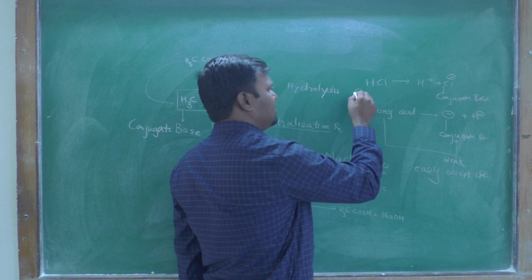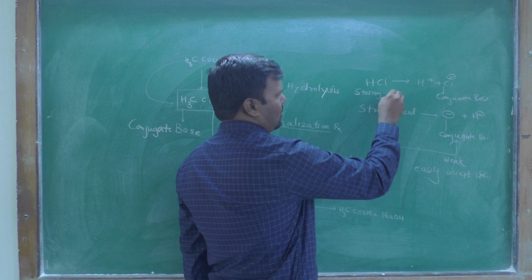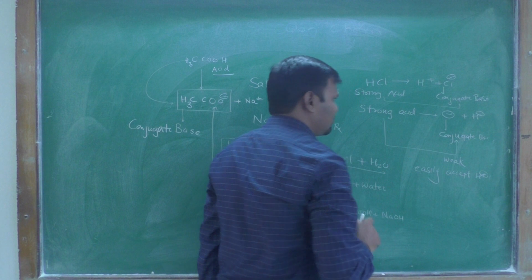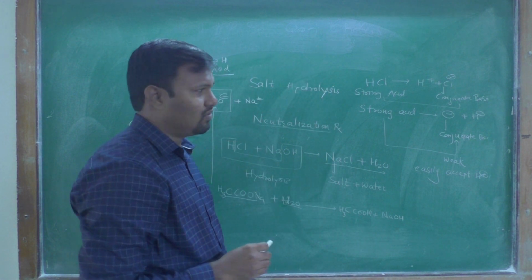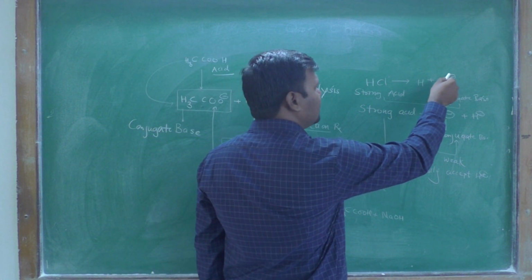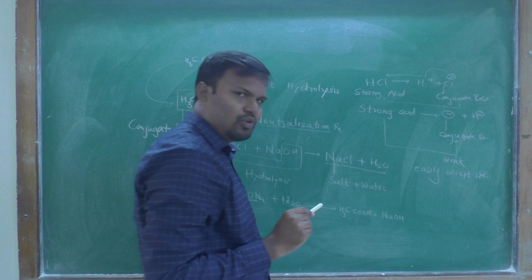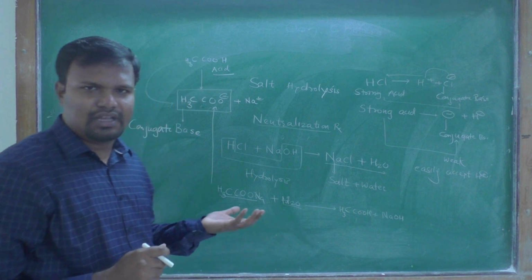Therefore, it is a strong acid, and from a strong acid you obtain the conjugate base, which is a weak base. Therefore, that Cl minus ion does not easily accept H plus ions to give HCl, because it is a weak base.